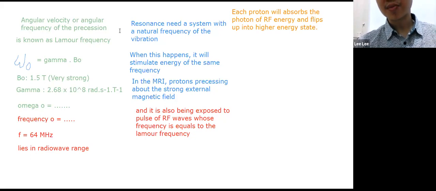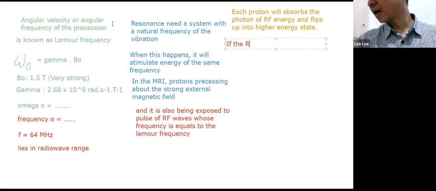To have a greater spinning. So they will be able to resist the stronger field. But that can only happen if it's exposed to the radio frequency wave. If you switch it off, will that happen again? No. So that's the next one.